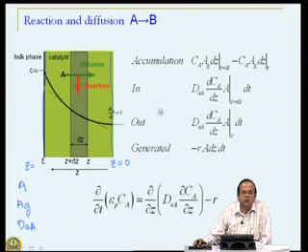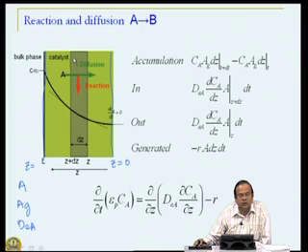This accumulation is a result of material coming in. It is coming in at z plus dz because of diffusion. So, the flux, that is moles per unit area, is given by DEA dCA/dz multiplied by the area A. Remember, while defining effective diffusivity, we incorporated per unit area, cross sectional area, not the void area.